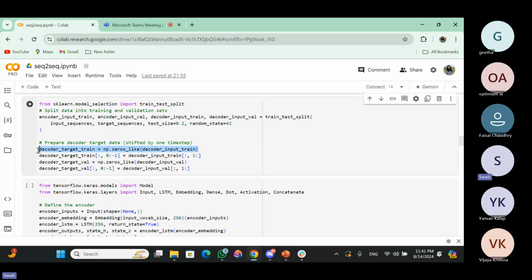First we set the whole sequence to zeros, and then we take the decoder input train, start from after the first token, because the first will be start, and store this data into the decoder target train. This is done only during the training part, when we provide the actual values at the decoder's next timestamp. We do the same for validation as well.